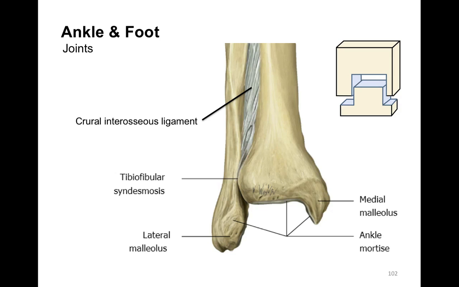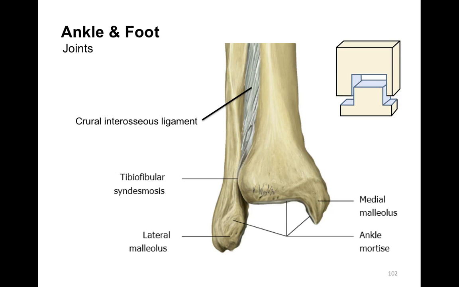Ankle and foot joint: in terms of the ankle joint, we're going to have stability offered by the crural interosseous membrane and the distal tibiofibular joint. So this is a very rigid syndesmosis at the distal aspect of the tibia.